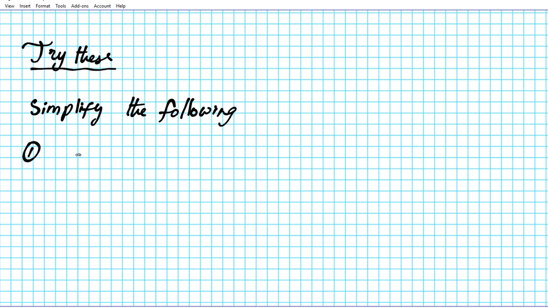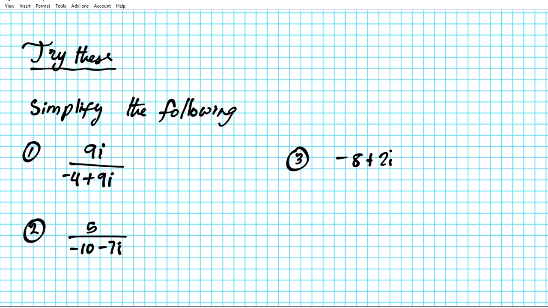Okay, so number 1, what if you have 9i divided by negative 4 plus 9i? Number 2, 5 divided by negative 10 minus 7i. Number 3, what if you have negative 8 plus 2i over 1 plus 6i?